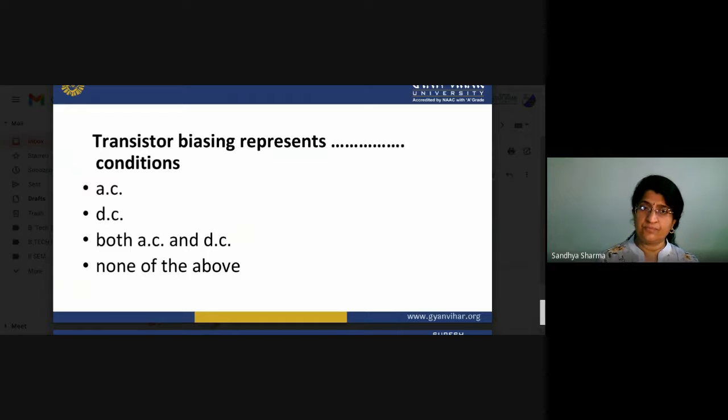Initially, before giving any type of input signal, you have to first bias your devices. Proper biasing of your devices is done, and then we will use the transistor amplifier in different applications. Because after that, if we want to enhance our voltage gain and power gain, we have to move on to the multi-stage transistor amplifier.